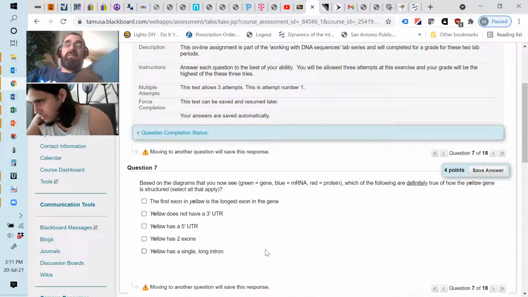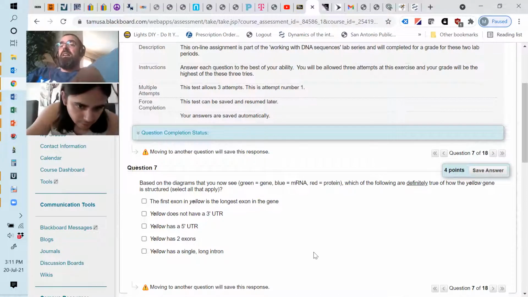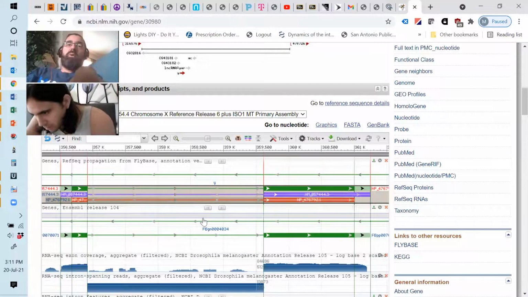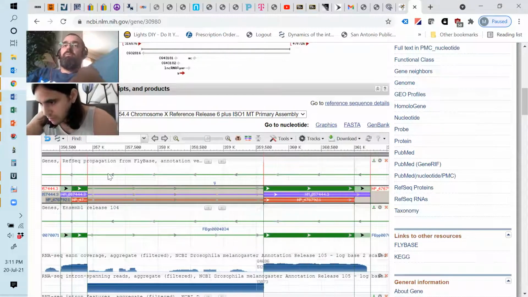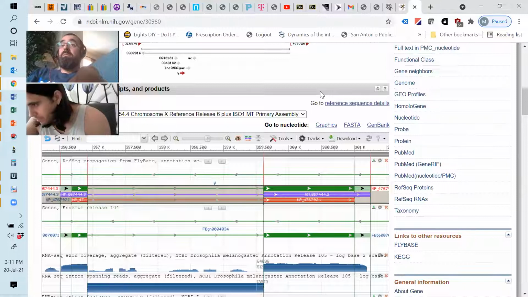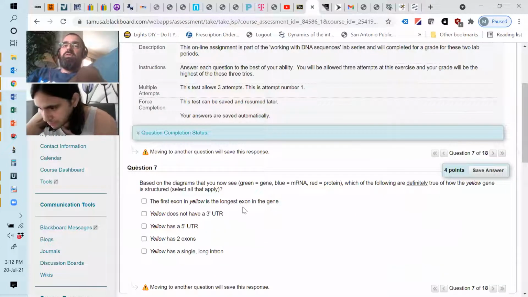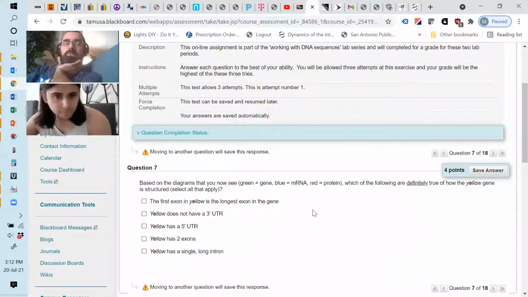How many exons does it have? Does it have only one intron, or does it have multiple introns? So if you use this information, you should be able to answer. Here we go. You should be able to answer this question without any problems.